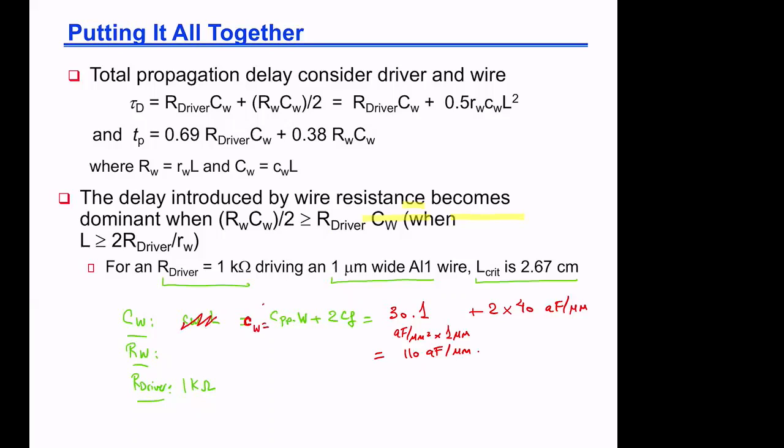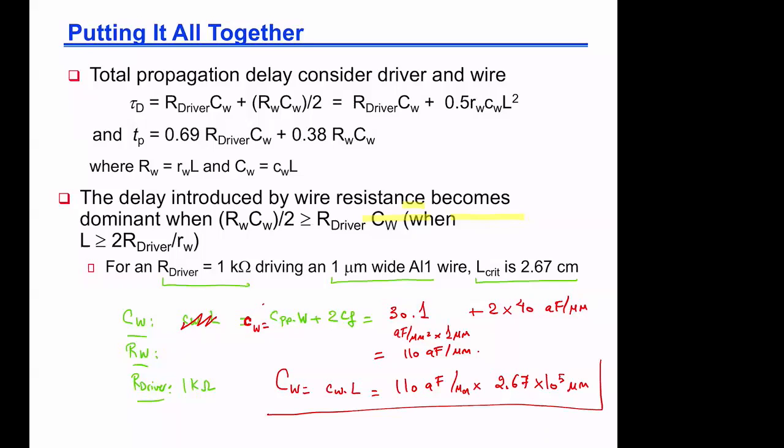Okay, and from this little c I can find my big CW, which is the little cw times L. So it will be 110 femtofarad per micrometer times 2.67 centimeters. It is 0.267 meters, so it is 2.67 times 10 to the 5 micrometers.